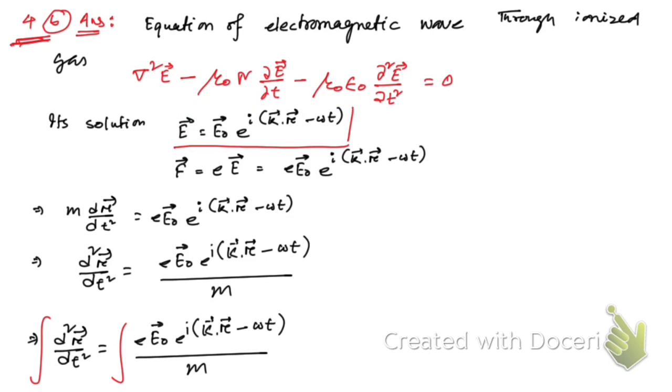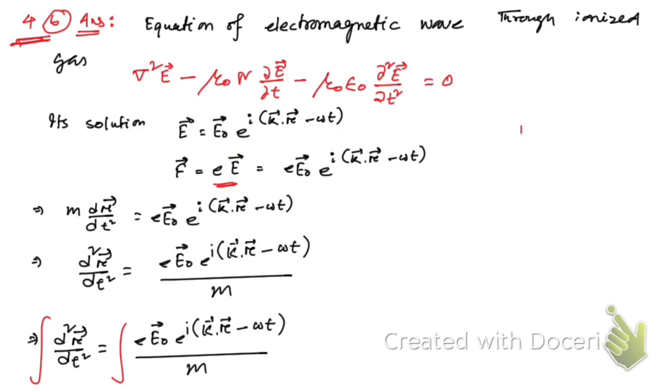Now we know the force on the electron, so F is equal to e times capital E vector, and this E is nothing but this one, so here we have replaced this E by this result.